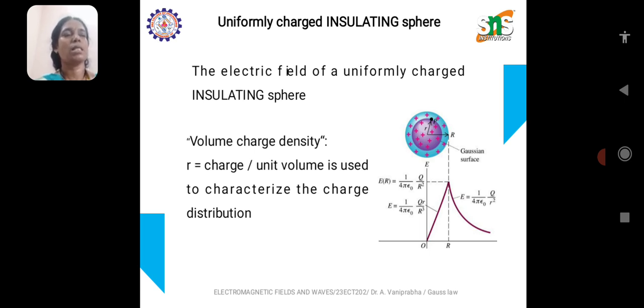The same steps have to be followed. We have to identify a suitable Gaussian surface and also predict the direction in which the field lines are oriented. And since this is a sphere, the field lines are obviously oriented in the radial direction, a_r.